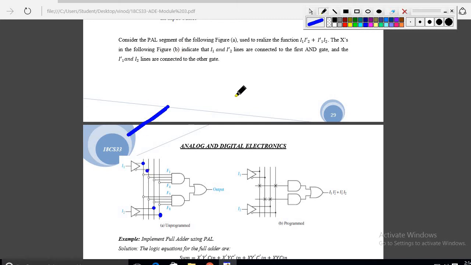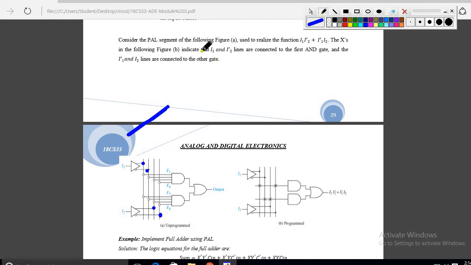So this is what figure B indicates: I1 and I2 lines are connected. See here, the I1 and I2 lines are connected to the first AND gate. So I am connecting I1 and I2 bar.